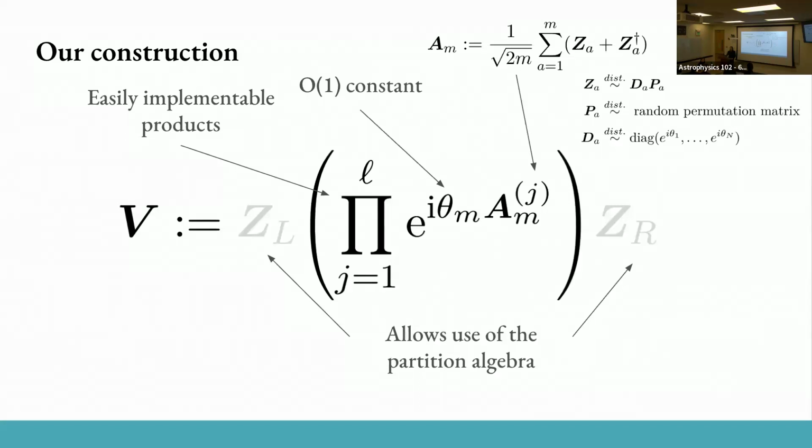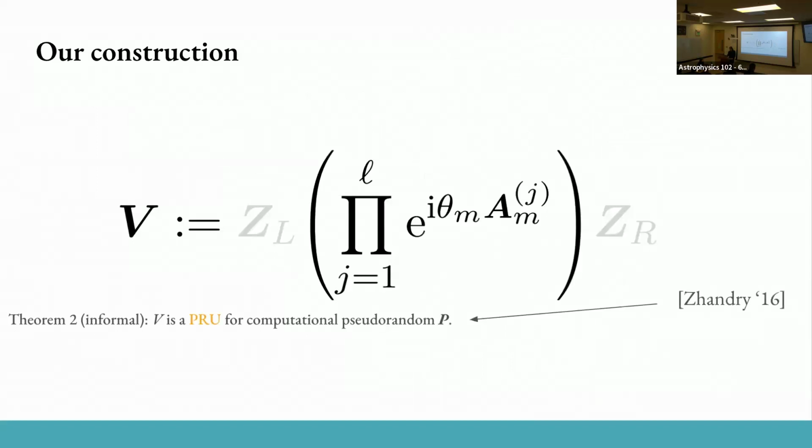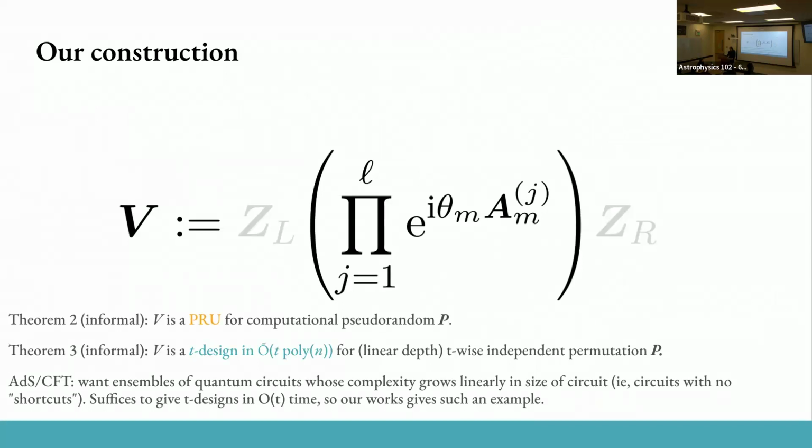Yeah, back there. So you talked about connections with ADS CFT. Is the connection just that if I want to do simulations with a linear ramp, I need some technique like this, or did this actually involve a holography calculation at some point? Yeah, Michelle can answer this one. There are no holography calculations in the two papers that we have.